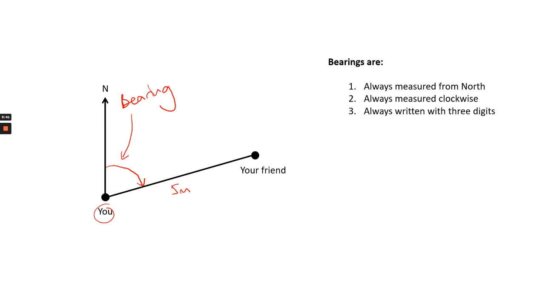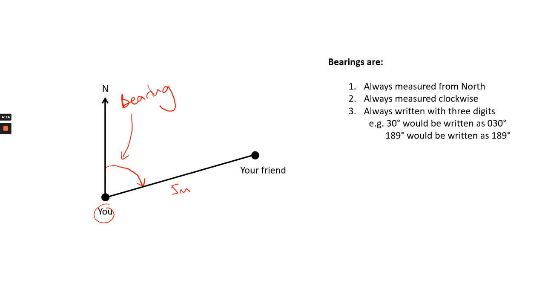Now, this can seem a bit strange, but what that means is that 30 degrees would be written as 030 degrees, and 189 would be written as 189, as it already has 3 digits. But a bearing has to be written using 3 digits. Now, if you remember those 3 rules, simple bearings questions are really, really easy. So if we remember those 3 rules today, we will be finding this nice and easy.